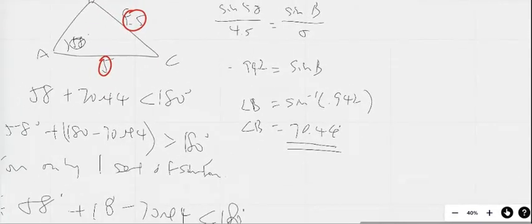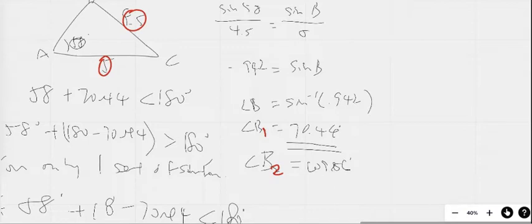So we'll first mark this angle B1, and let's mark angle B2. Angle B2 will be equal to just 180 minus the answer, which is 180 minus 70.44, which is 109.56 degrees.